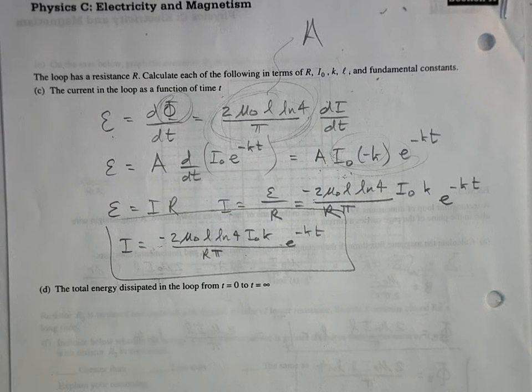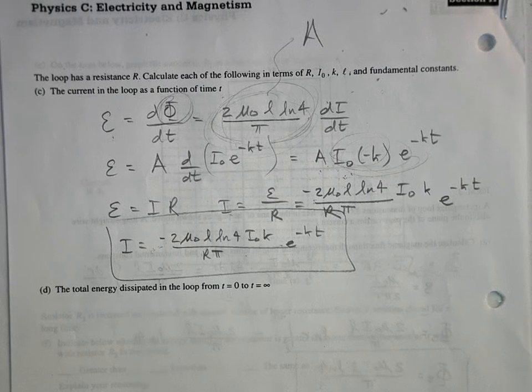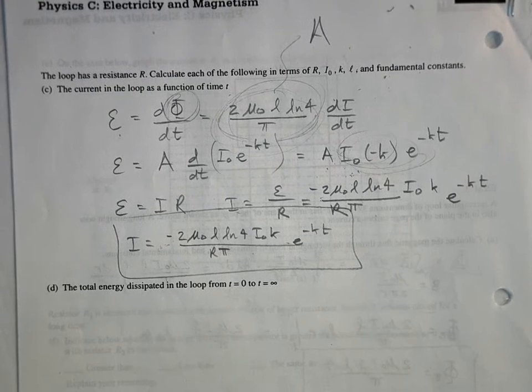Now part D, the total energy dissipated from t equals 0 to infinity.